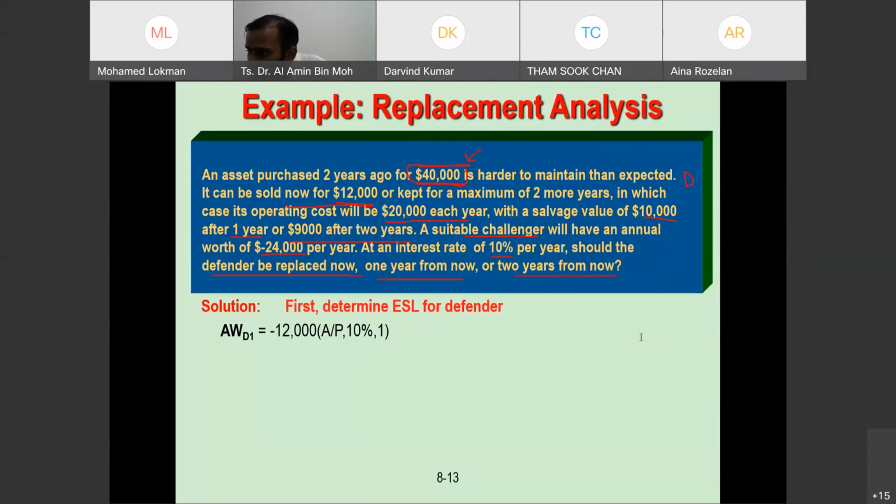If the defender is to be replaced at year 4 and above, do we need to include the initial cost in our calculation? Let me check what they are saying here.